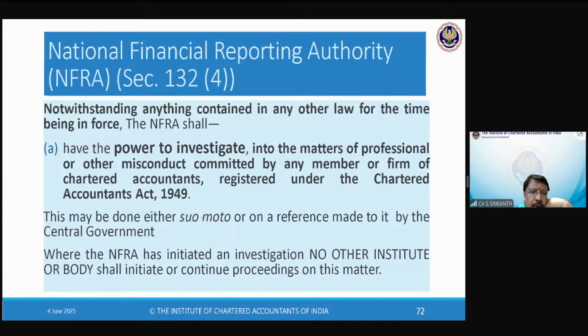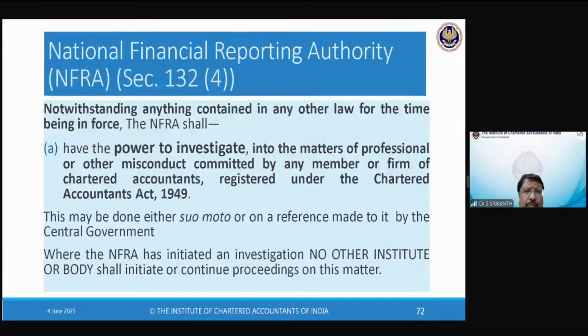Okay. This may be done either suo motu or on a reference made to it by the central government. See, having said that, the member who signed the Satyam balance sheet has now been acquitted by the Andhra Pradesh High Court. You can check out the judgment, it is an open judgment readily available. It's in the public domain. I'm not revealing any secrets when I tell this.